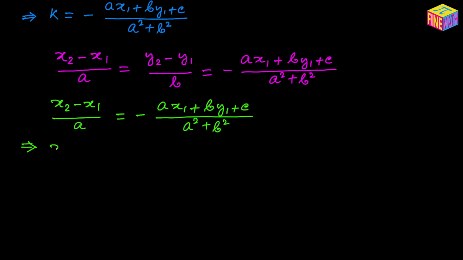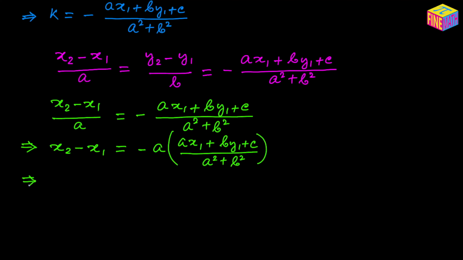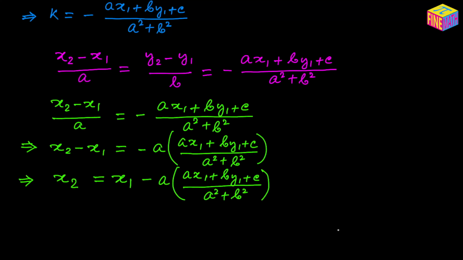Well, then we will get x₂ − x₁ is equal to −a times this quantity, (a·x₁ + b·y₁ + c)/(a² + b²). And if we transpose x₁ onto the right hand side, then we get x₂ is equal to x₁ − a times this quantity, and that is the value of x₂ in terms of all the known numbers.